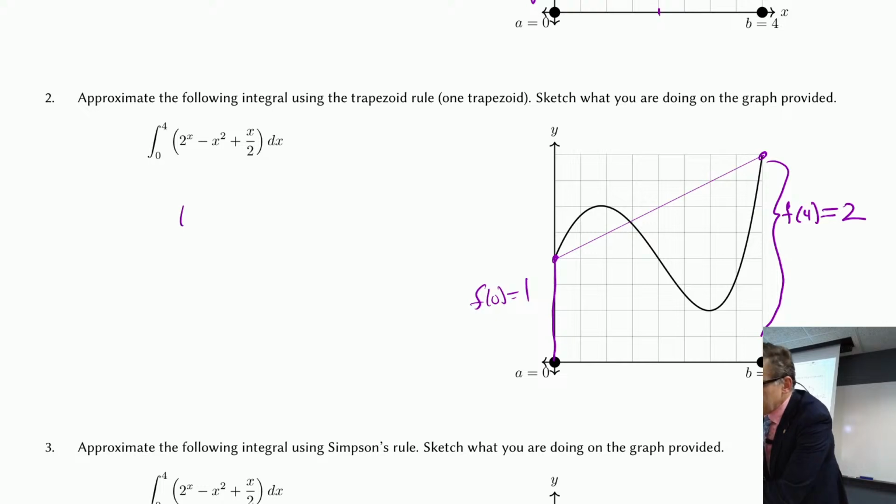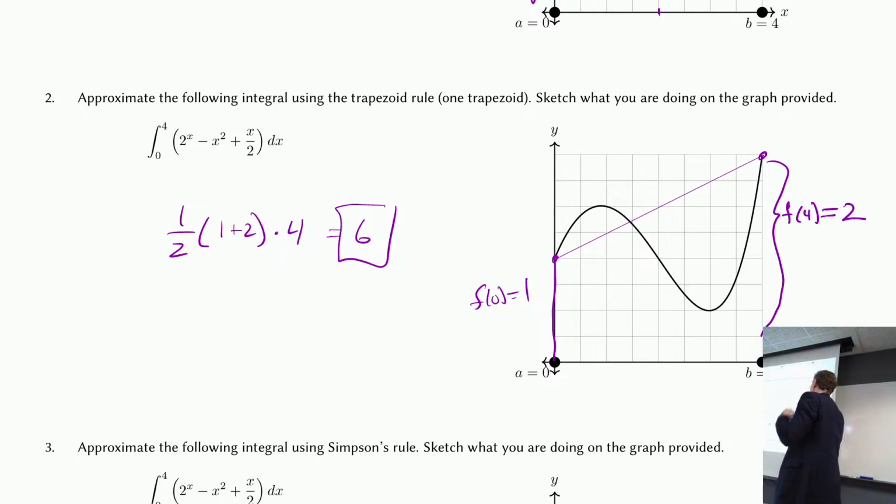So now we just use 1/2 times (1 plus 2) times 4. So what's that? 3/2 times 4, which is 6. It makes sense that it would be bigger than the last one because you're tilting upward like this.